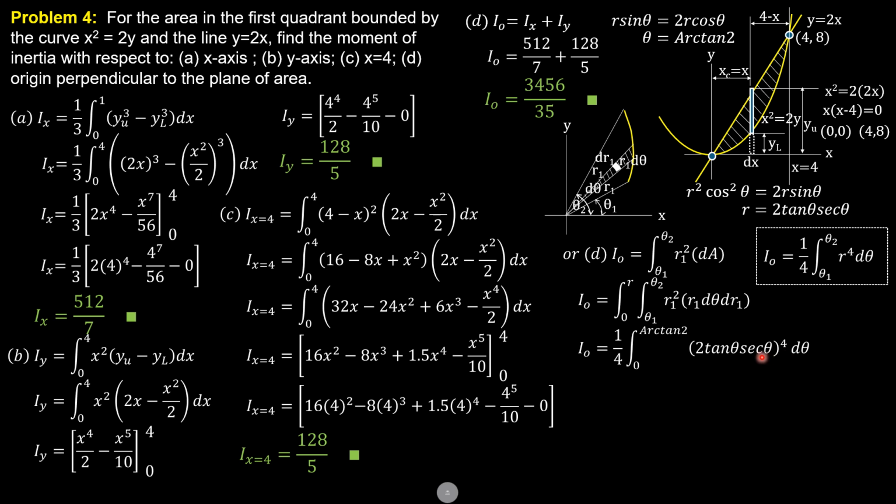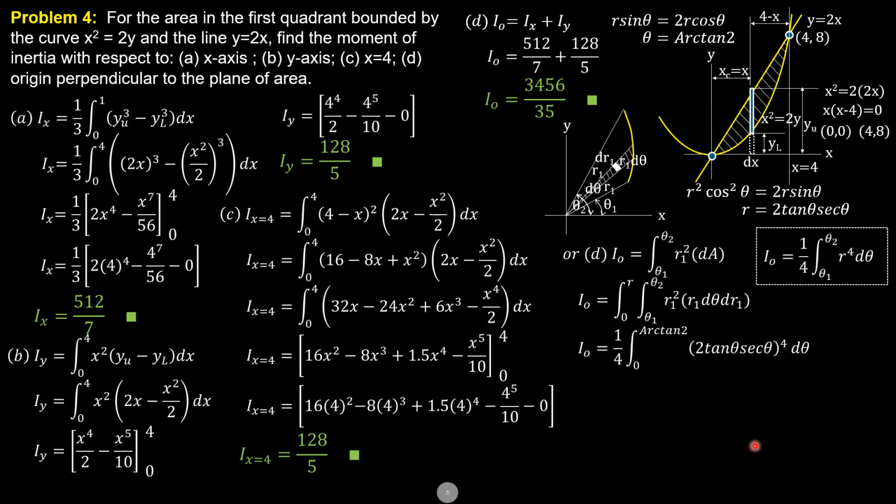And this secant to the 4th theta in the expansion, because we ran out of space, imagine that it is broken up into secant square theta and secant square theta. And we replace secant square theta by the trigonometric identity tangent square theta plus 1.